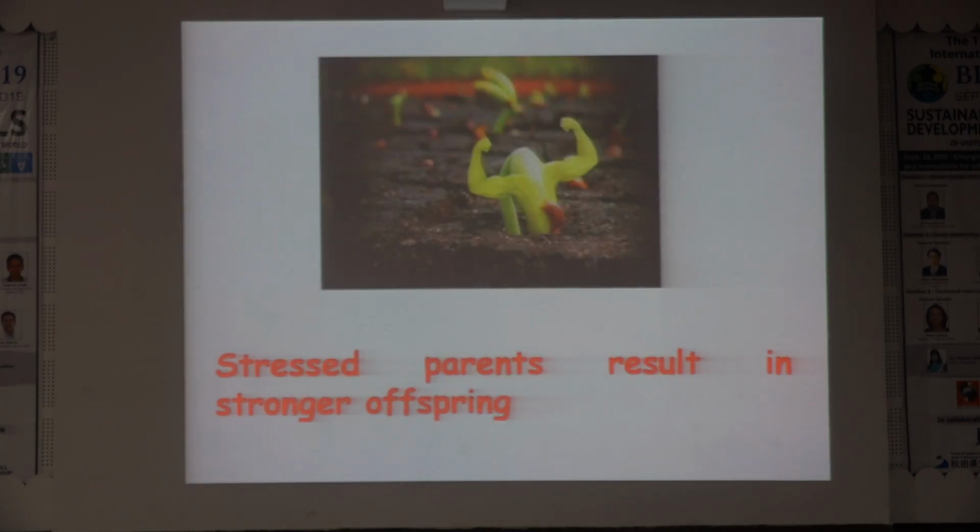And you know what? I like that. I love this one. Stressed parents result in stronger offspring. So if the parents are a bit stressed, and you will be surprised, there was a medical research published in Nature 2 weeks ago. What they have claimed is that the woman was 6 months pregnant and she was a bit stressed.